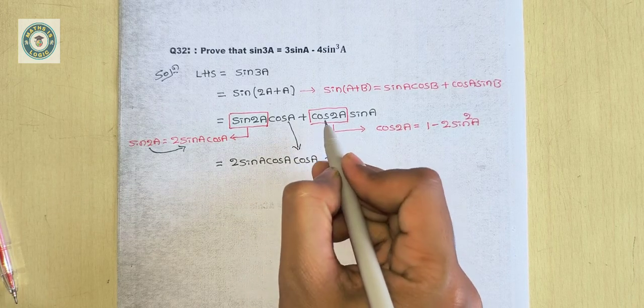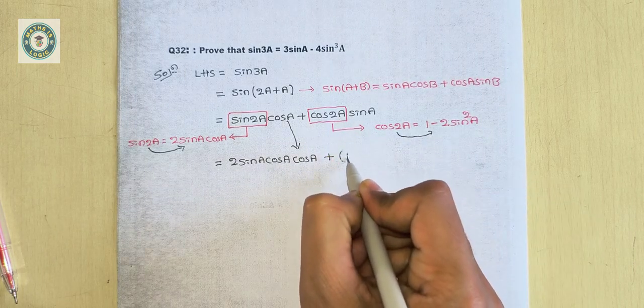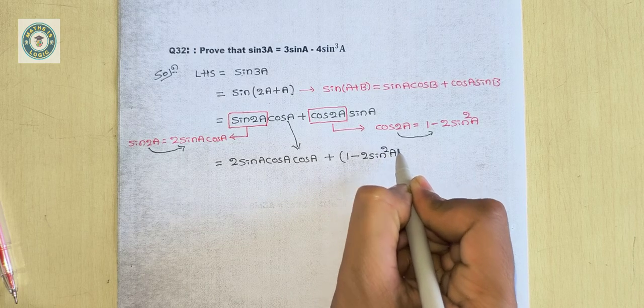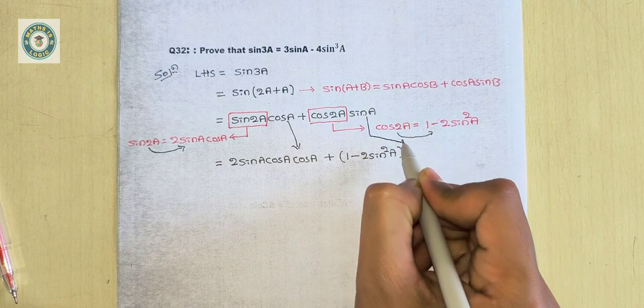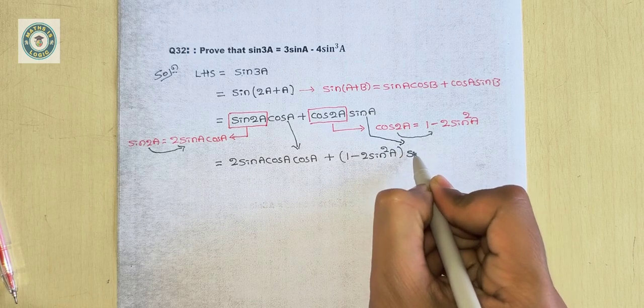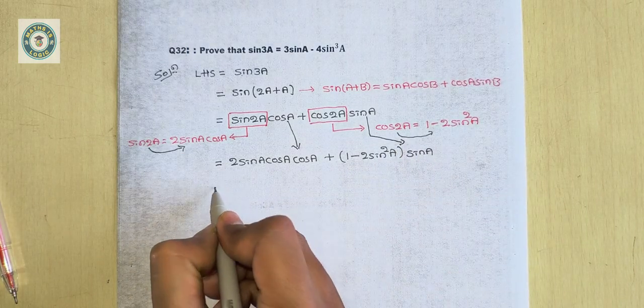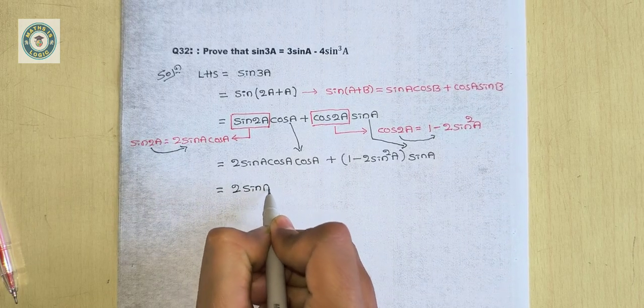Next, plus cos 2A. Cos 2A is 1 minus 2 sine square A, into this sin A. I am going to keep it as it is, sin A. Next, do the simplification. 2 sin A as it is.